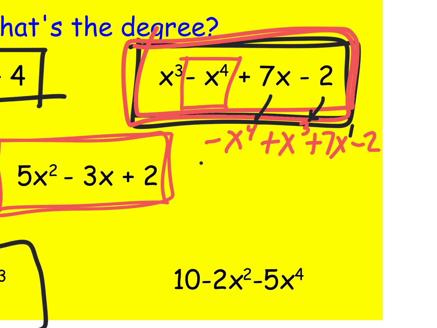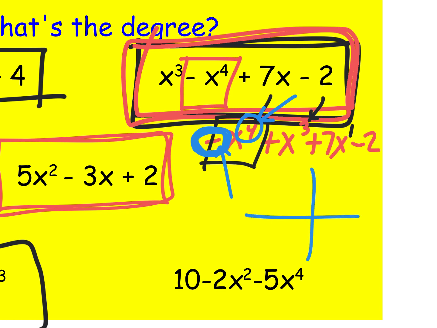What's the lead term? That. What's the lead coefficient? That. Negative 1. What's the degree? 4. Since it's an even degree, the ends have to go the same way, and they're both down, because the right end is down, and that's saying they have to be the same, so both ends are down. Down and down.